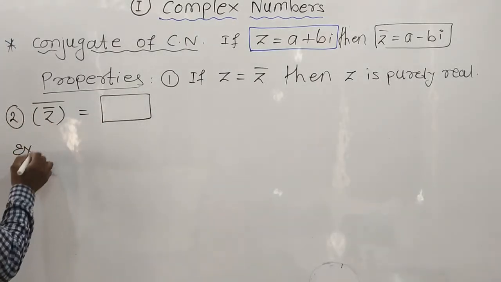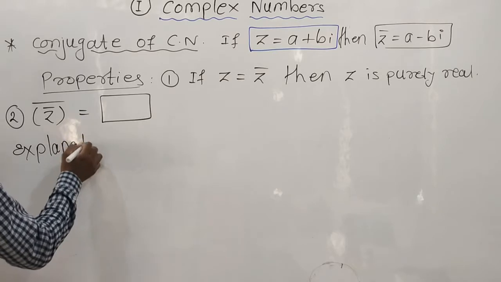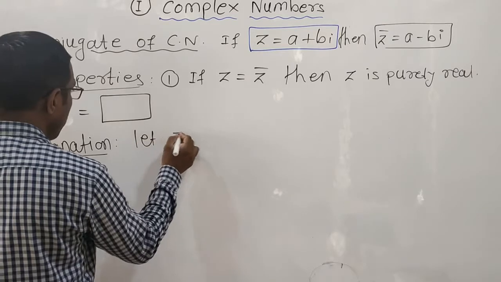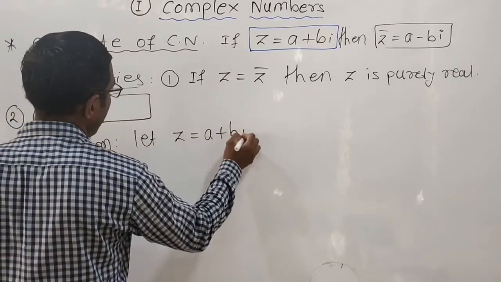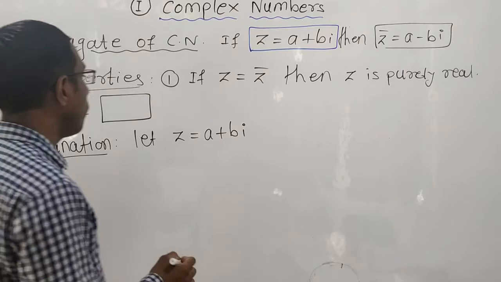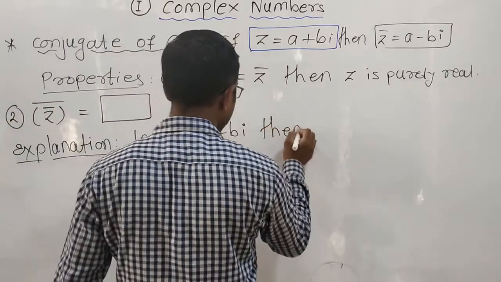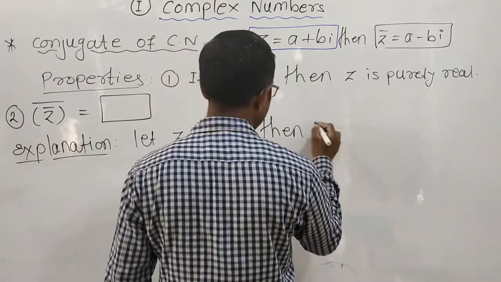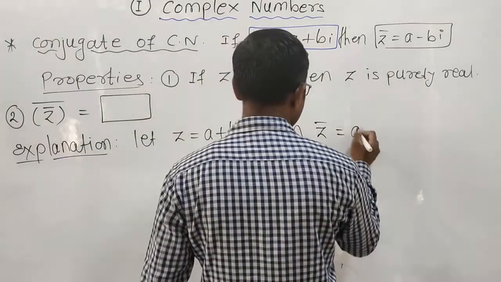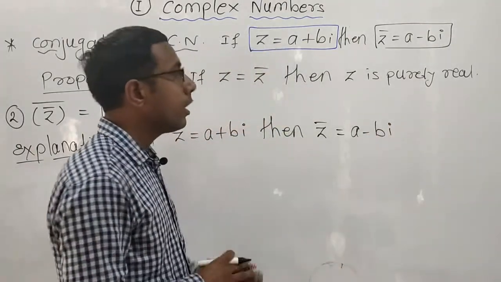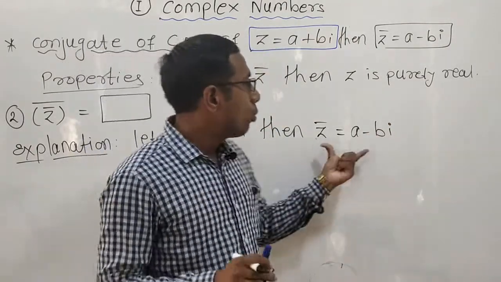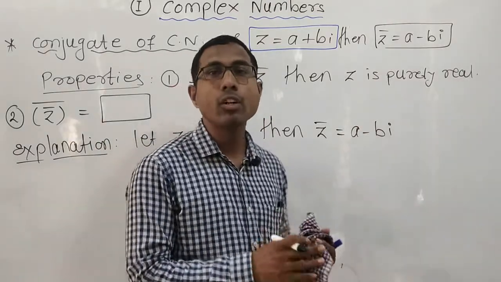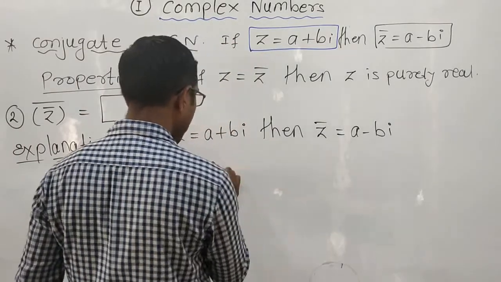Let's see the explanation. So let z be equal to a plus ib. Then what will be its conjugate? Then z bar is a minus ib. Now once again, take the conjugate on both sides.